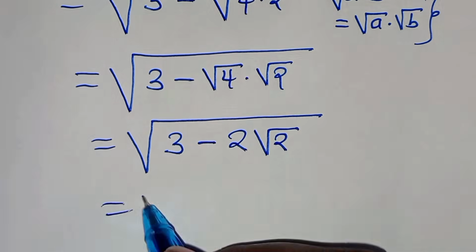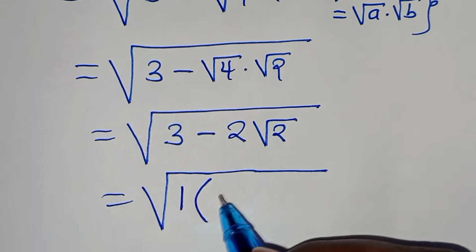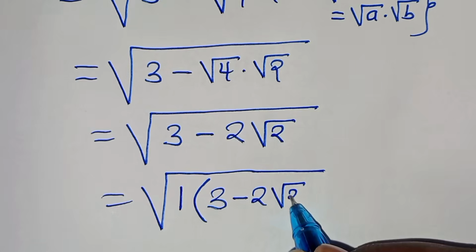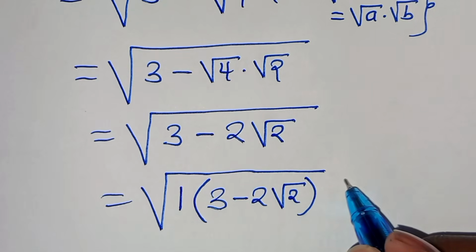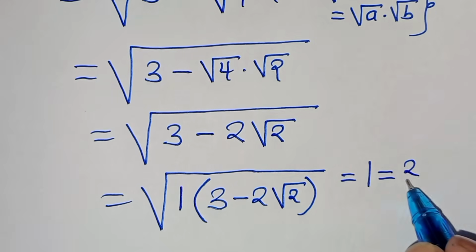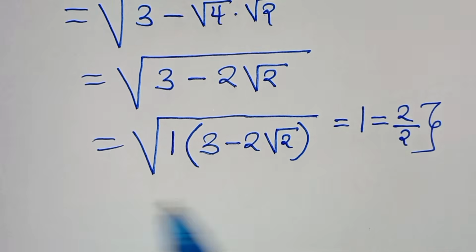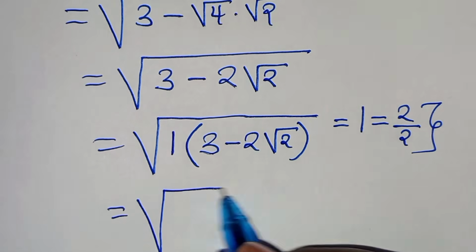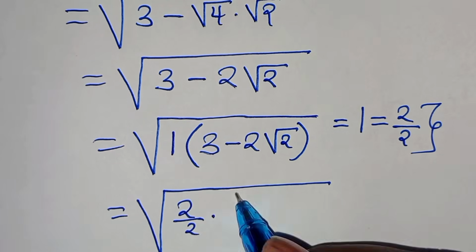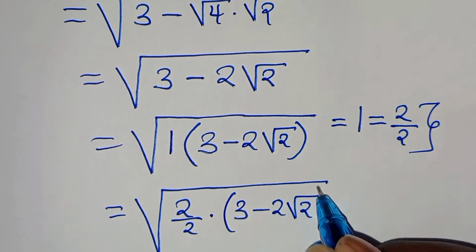This means that 1 is common here, so we can factor out 1 so that we have 3 minus 2 multiplied by square root of 2. Close the parenthesis. We are saying that 1 can be expressed as 2 over 2. Applying this property, this implies that we have the square root of 2 over 2 multiplied by 3 minus 2 square root of 2.